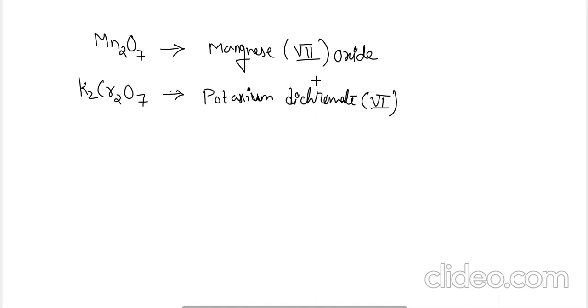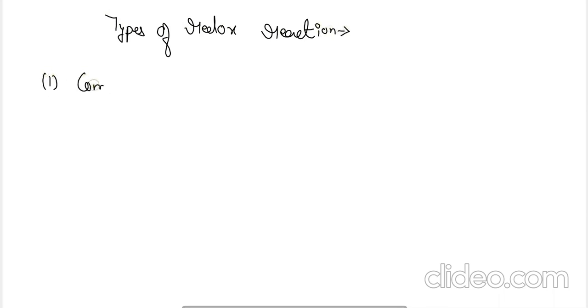Now let's see the types of redox reactions. So in that, the first type is the combination reaction. The definition of a combination reaction, you have studied in your class 10th also.